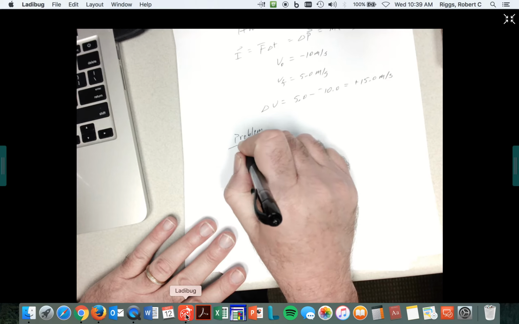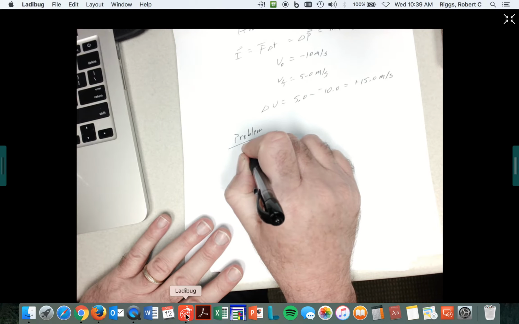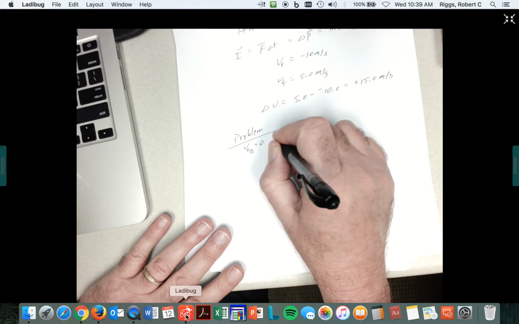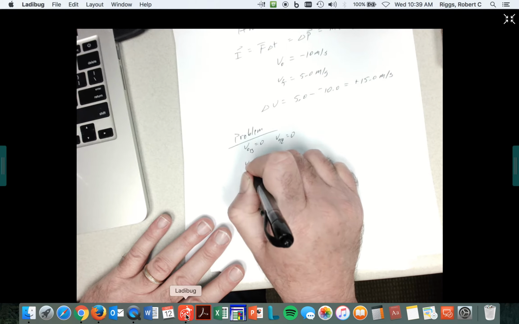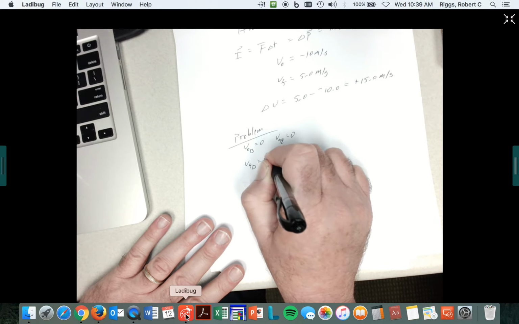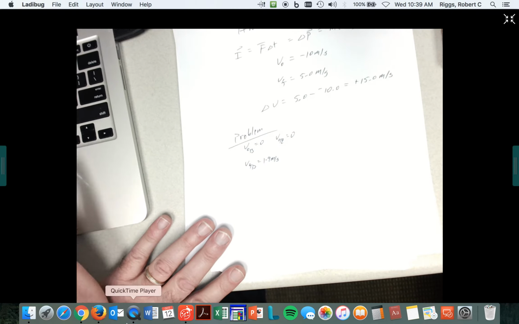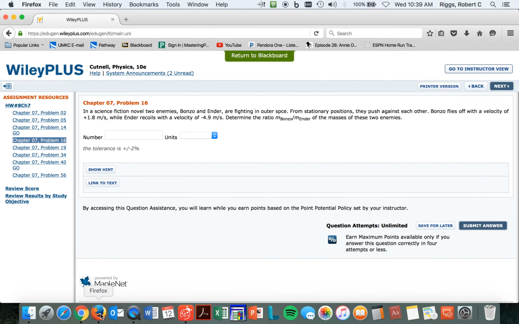So the initial velocity of Bonzo is equal to 0. The initial velocity of Indar is equal to 0. The final velocity of Bonzo is equal to 1.8 meters per second.